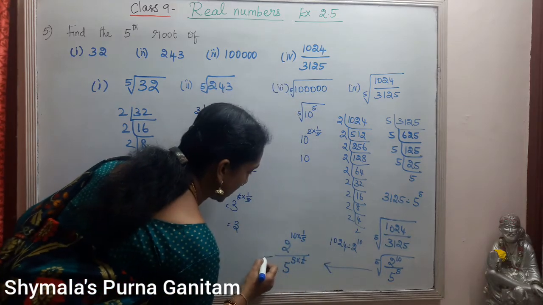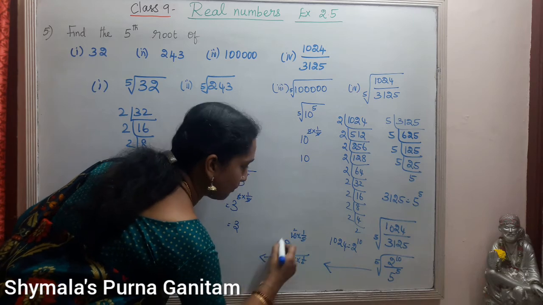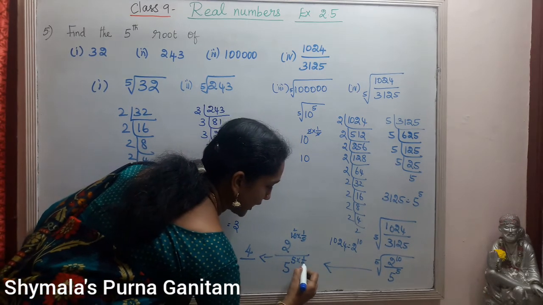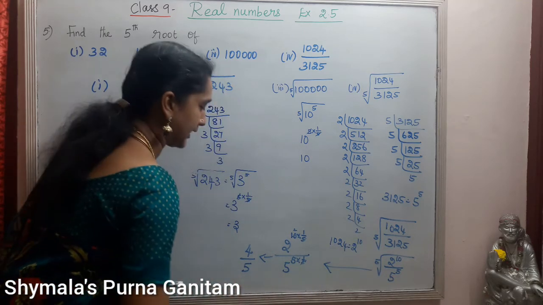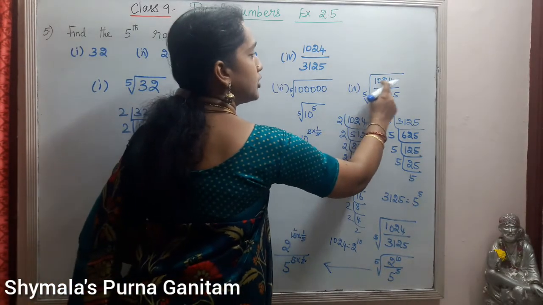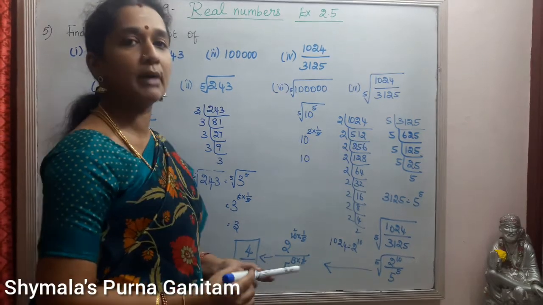The 5 and 5 will get cancelled and we will get 2 power 2. 2 power 2 is 4, divided by 5 into 1 by 5. If we cancel this, we will get the value as 4 by 5. So the fifth root of 1024 divided by 3125 is 4 by 5.